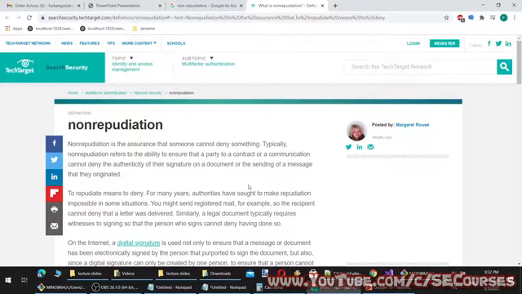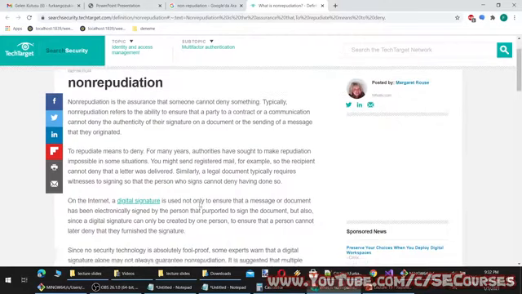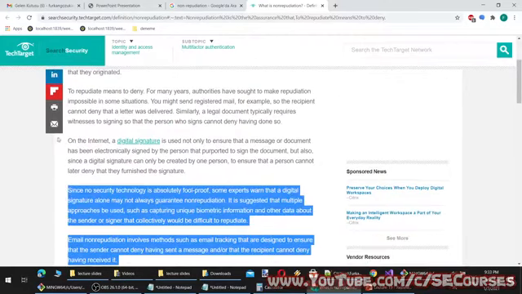You might send registered mail, for example, so the recipient cannot deny that a letter was delivered. Similarly, a legal document typically requires witnesses to signing so that the person who signs cannot deny having done so. You see we have digitally signed documents right now in Turkey. Maybe you heard of them. So this is about non-repudiation.